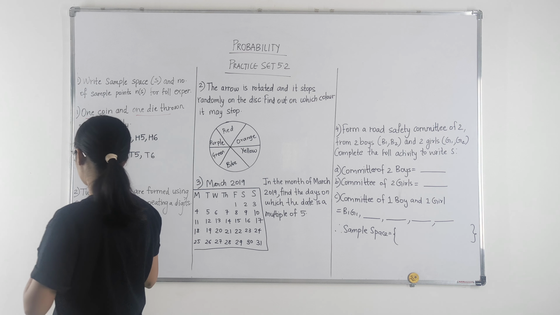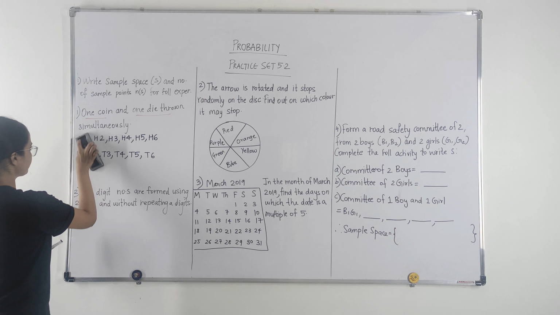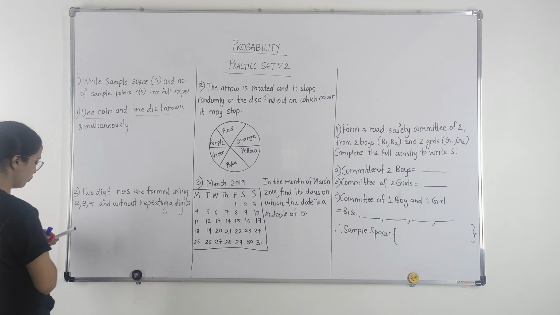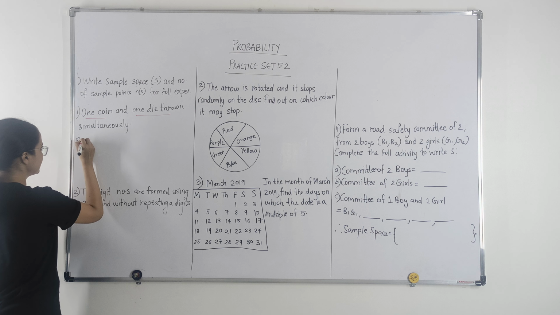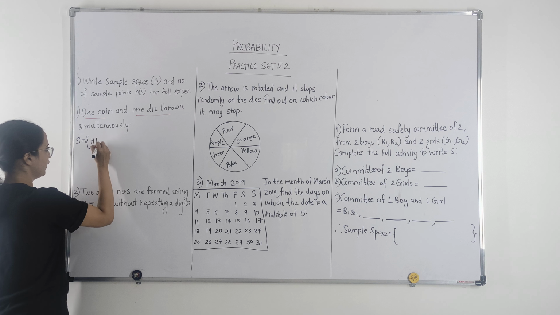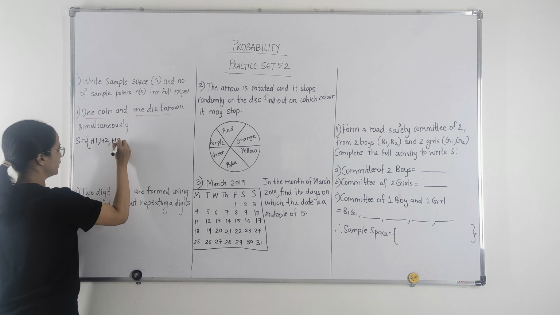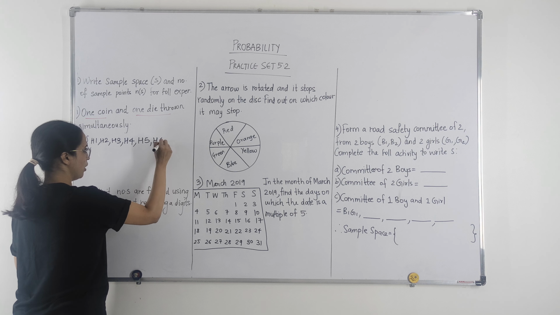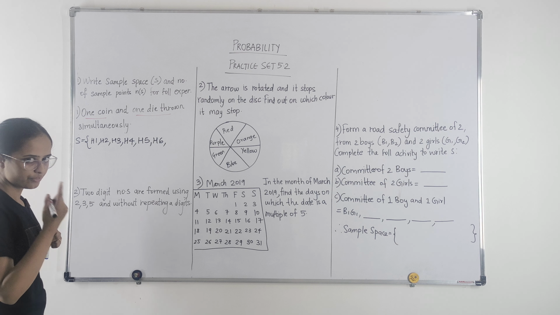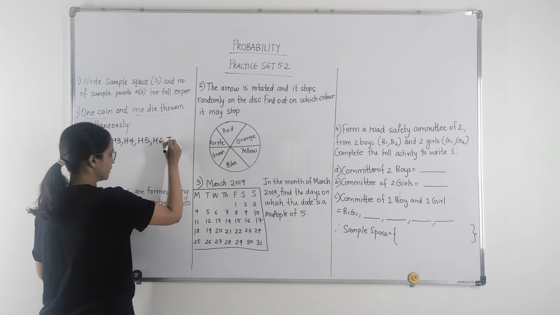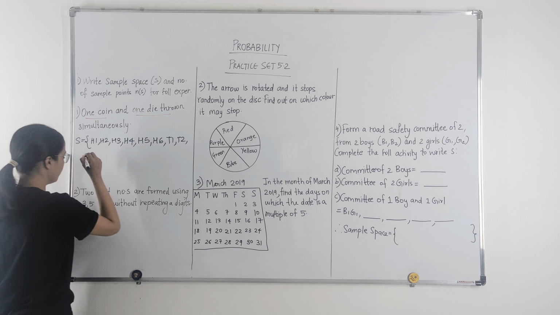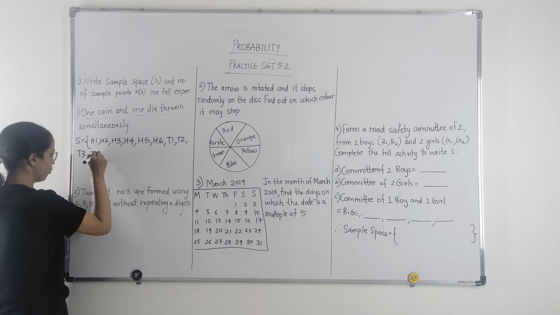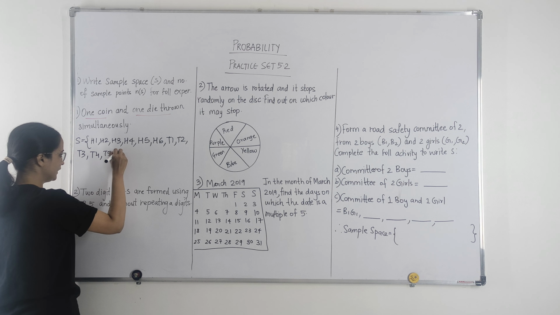So if you are supposed to write this in set form, you would be writing it as S equals H1, H2, H3, H4, H5, H6 by fixing your head and then varying your outcomes for the dice. Similarly, T1, T2, T3, T4, T5 and T6.